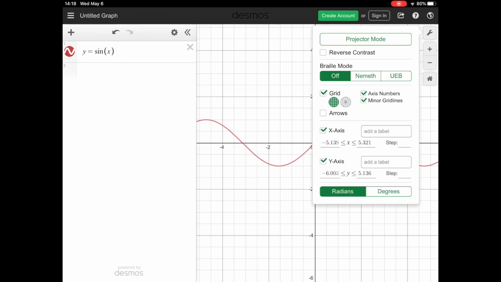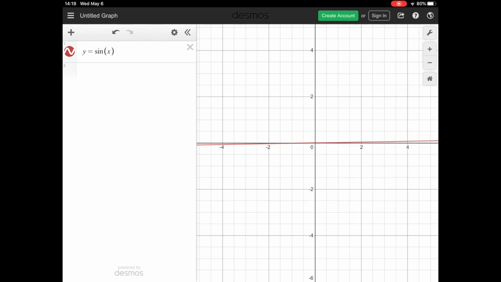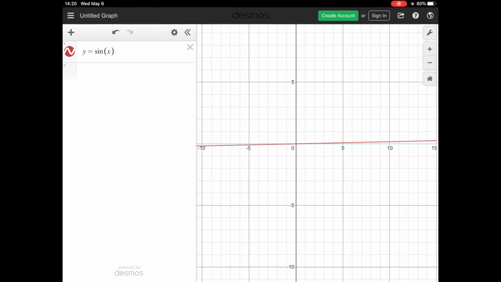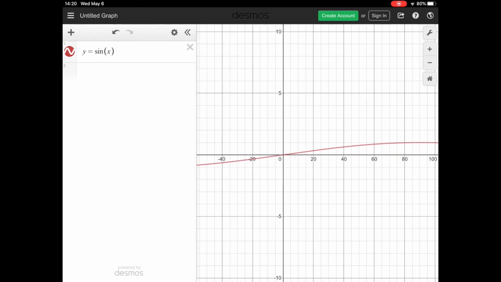To change that, I go to my mode and I look for my degrees button. See my degrees button at the bottom. I change it to degrees. Now things changed a lot. It doesn't look like it goes up and down anymore, at least not in this horizontal scale. So I can pinch to zoom just my horizontal scale.